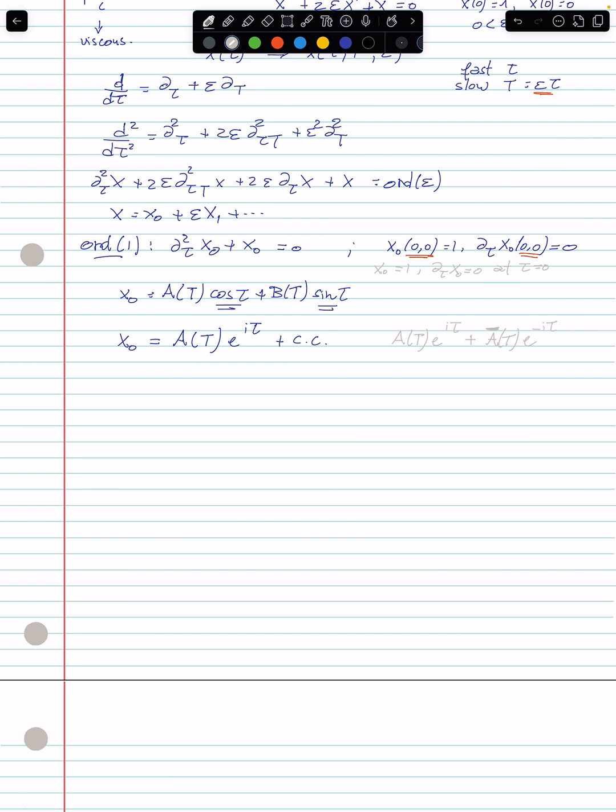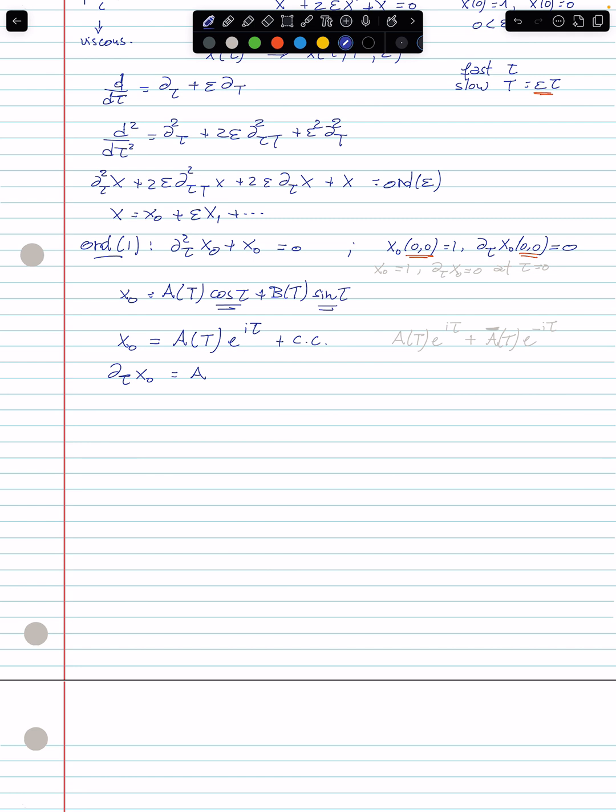Okay, then we can compute the first derivative because we'll need it in the right-hand side. The first derivative with respect to tau of x0 is a. I will, as usual, drop the argument for a.